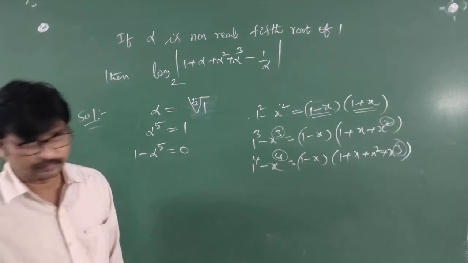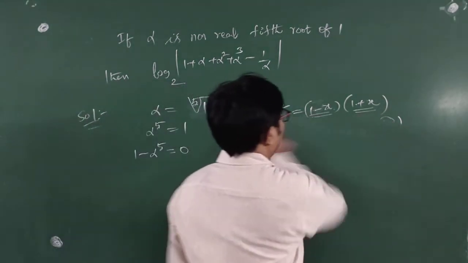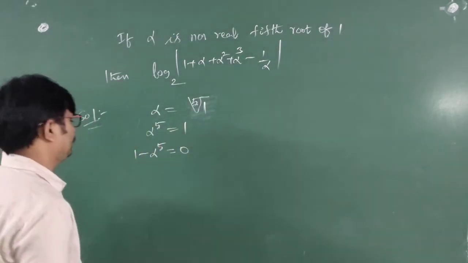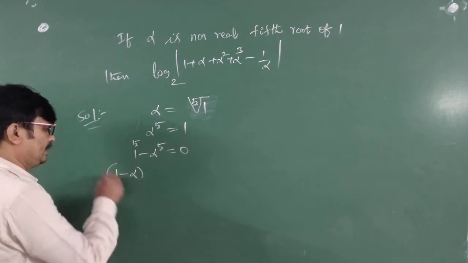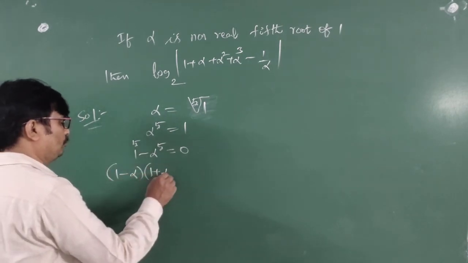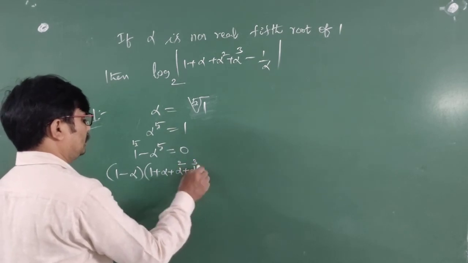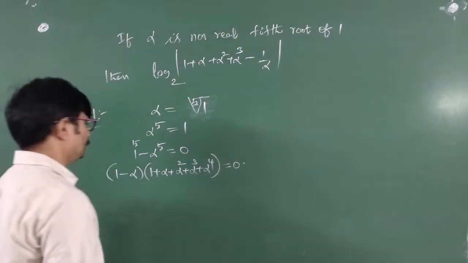Now we can write 1 minus alpha power 5 as 1 minus alpha into 1 plus alpha plus alpha square plus alpha cube plus alpha power 4 equal to 0.